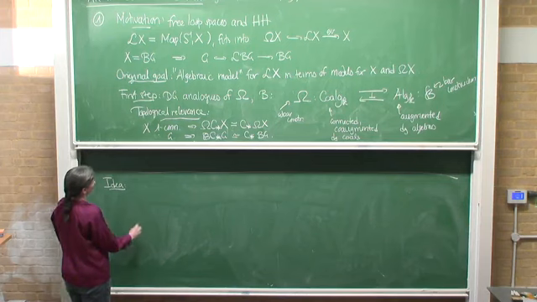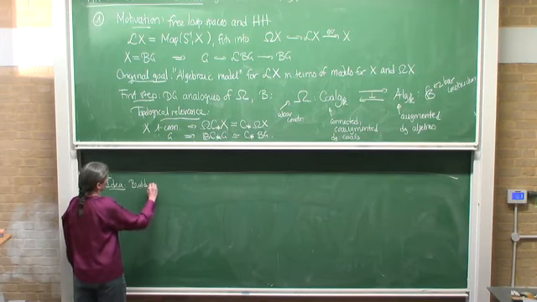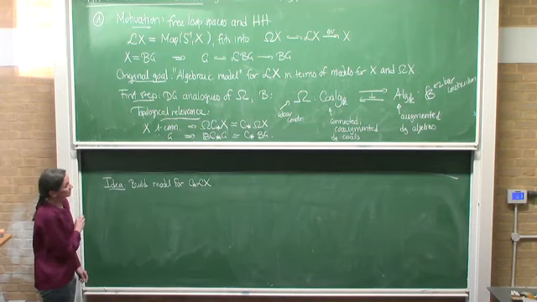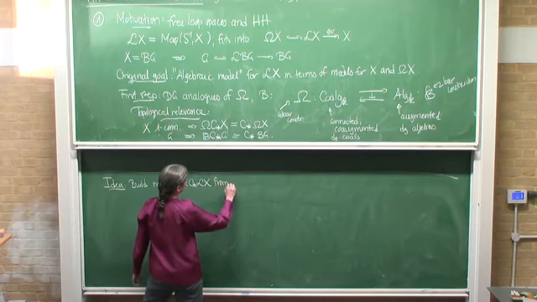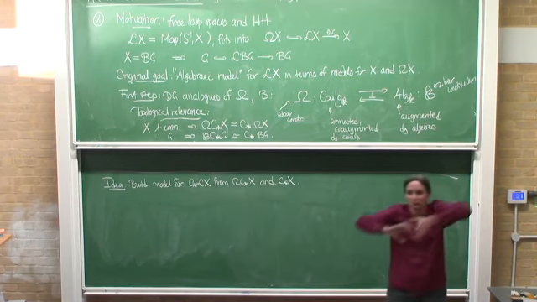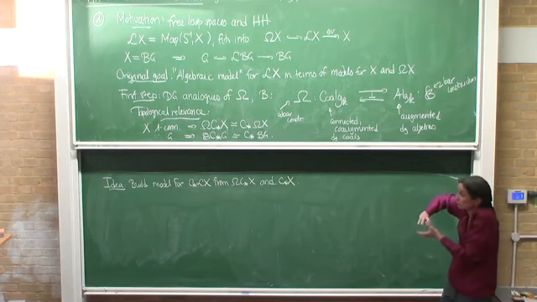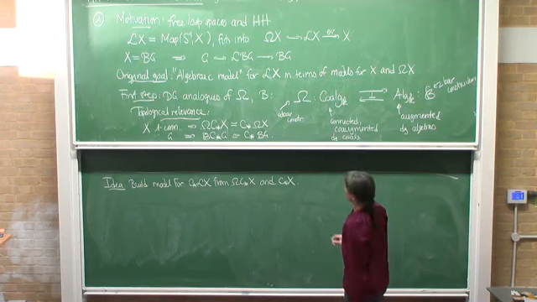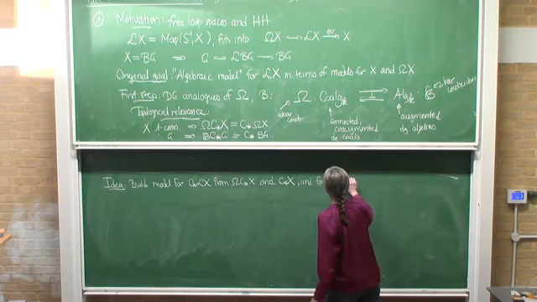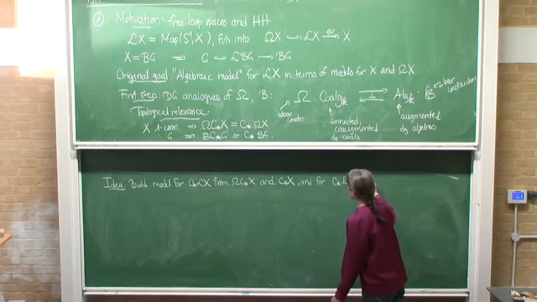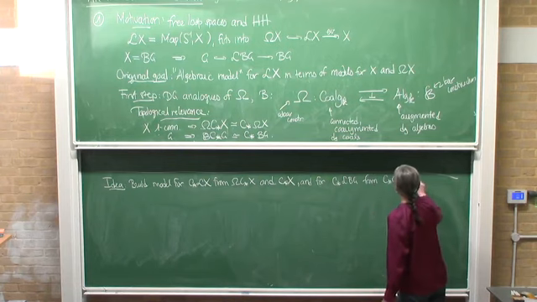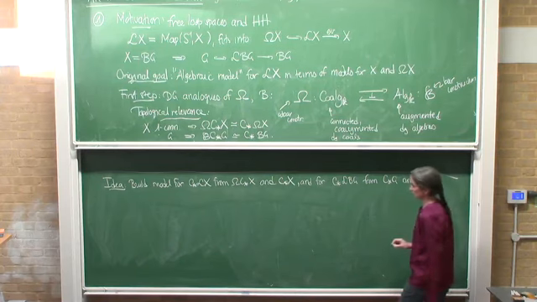So the idea here is to now build a model for the chains on the free loop space from this co-bar construction and chains on X. And just sort of twist them together in some way, just as the free loop space itself is sort of twisted together from the base loops and the space X. And for the chains on the free loops on BG, from something like chains on G and the bar construction.